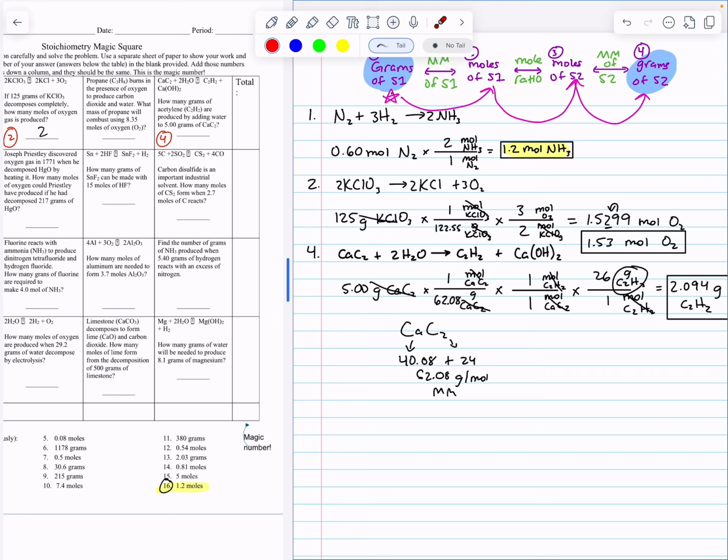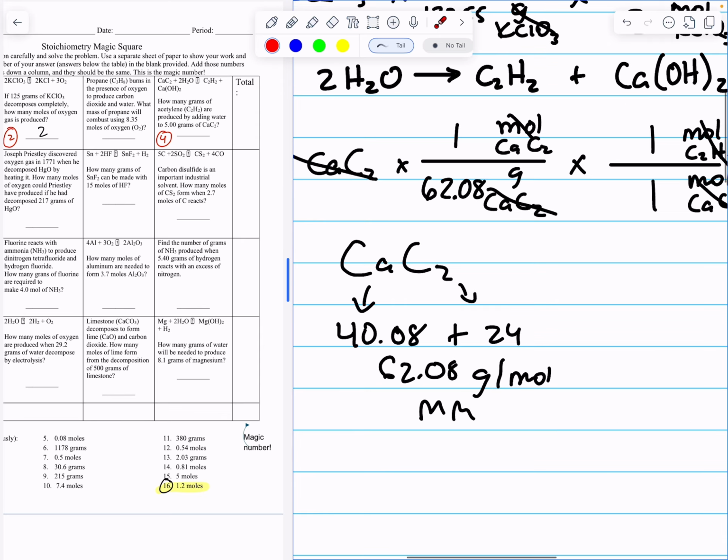Hold on. I don't have my periodic table. Actually, yes, I do. Yeah, 40.08 plus 12 plus 12. 64 point. Oh, I see what I did there. I can't do math. Okay, so hold on, guys.